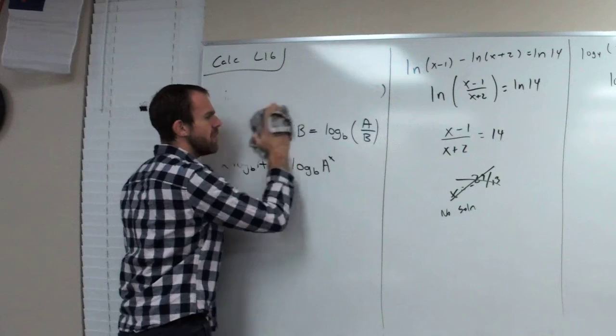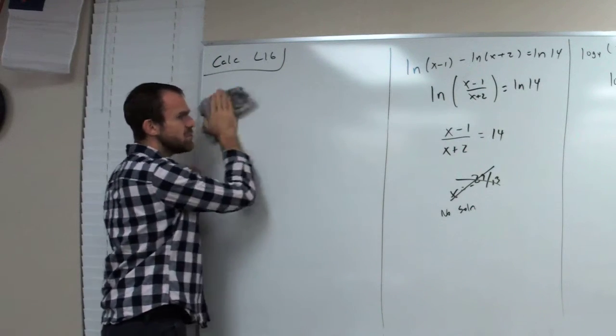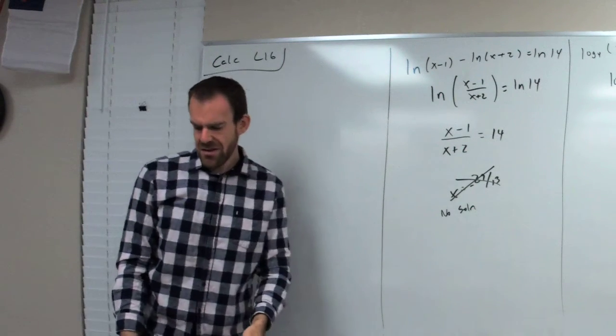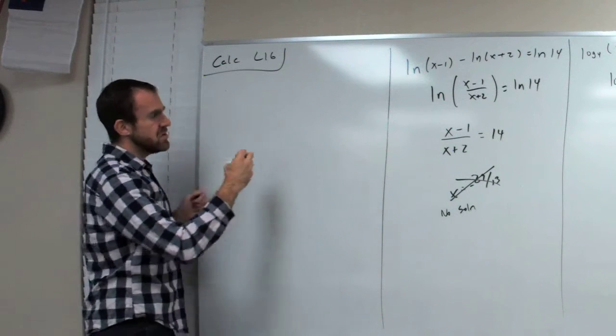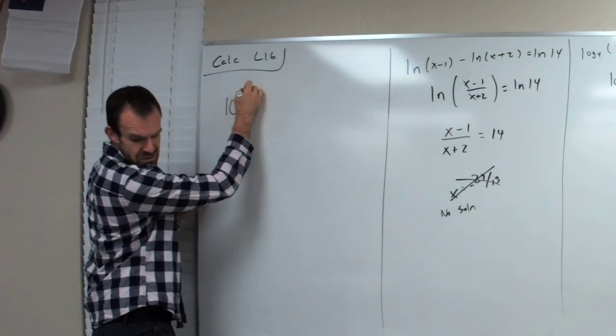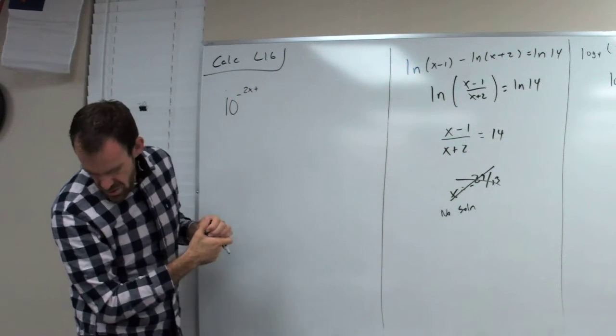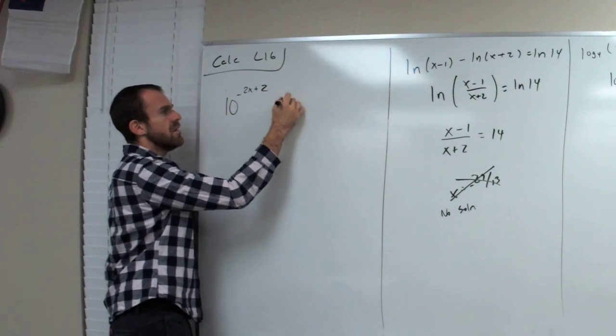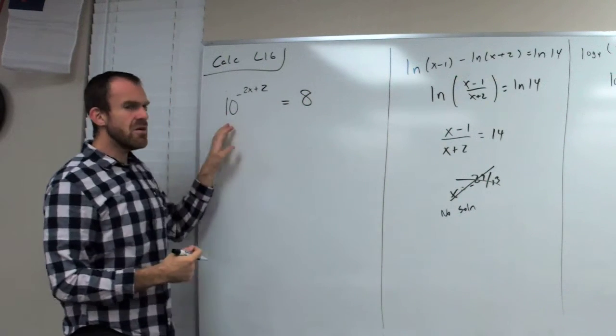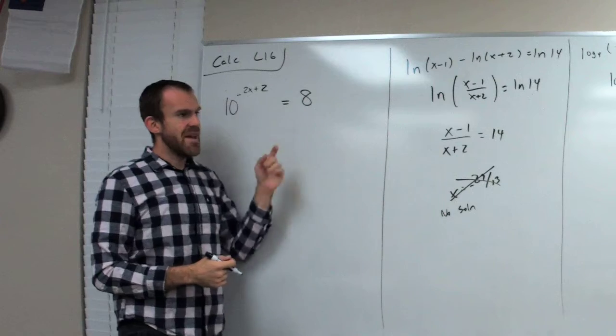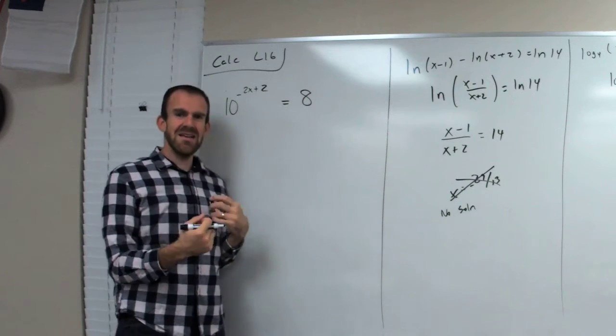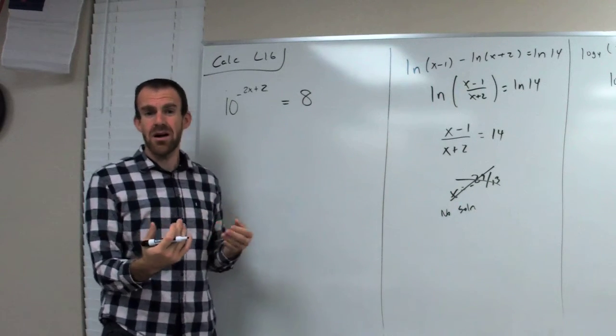Let's try this problem. Unfortunately, on this one, we can't get the same base. So we have 10 to the negative 2x plus 2 equals 8. There's no real good way to get 10 and 8 to have the same base. It's not like 8 and 16 where they'll have 2 in common.